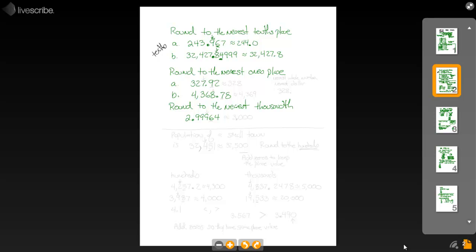I'll move that up if everybody's okay. The ones place isn't always called the ones place. The ones place is sometimes called the nearest whole number. The ones place is sometimes, if it's money, called the nearest what?